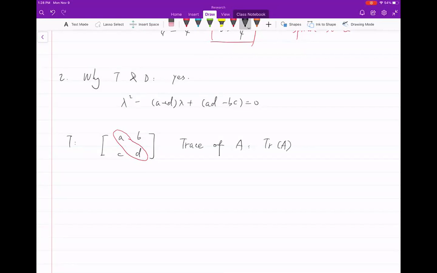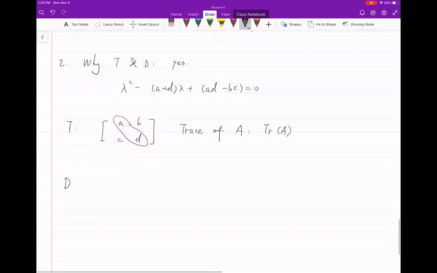That will be your trace. What is your D? Your D is AD minus BC. You have done this so many times before. Now you should be familiar. That is going to be the determinant. And then suddenly you know in 3 by 3, this won't be so easy. But it's still computable.